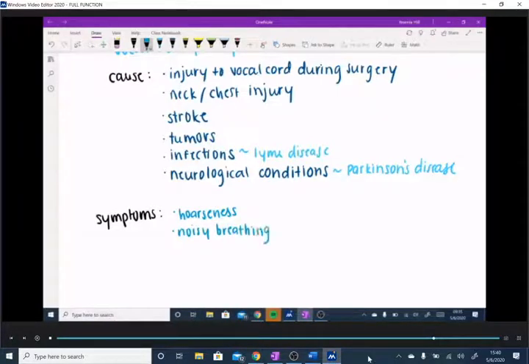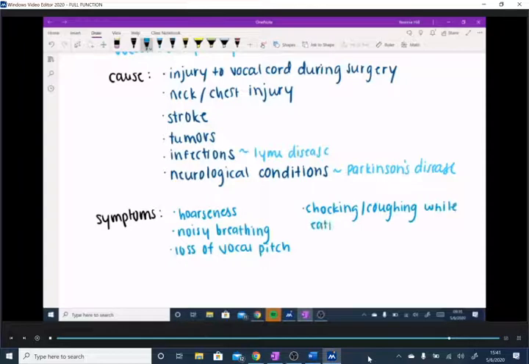The need to take frequent breaths while speaking, the quality of your voice, and sometimes which is linked to the vocal pitch, your inability to speak loudly, a loss of gag reflex, and lastly would be ineffective coughing. So all these signs and symptoms could be pretty severe, if not fatal, if you do not take care of it.